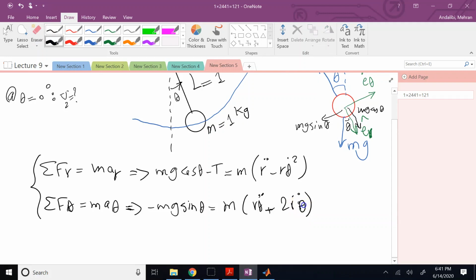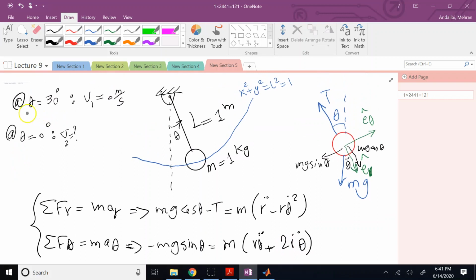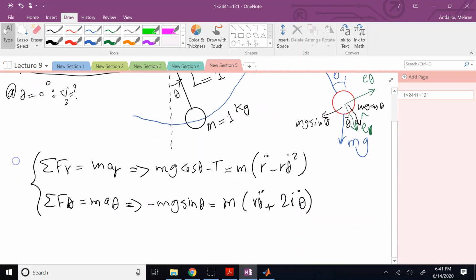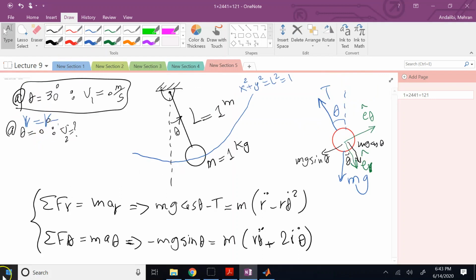Now, we have, of course, some initial condition here, right? Now, let's see how we can simplify this first. In this case, r, which is the radius or radial distance from the origin, is a constant number, right? So in this case, r is constant. And r constant means what? When r is constant, it means both r dot and r double dot are equal to 0.